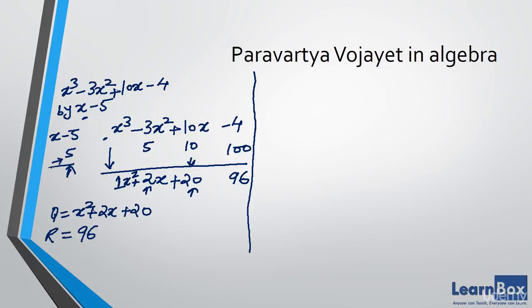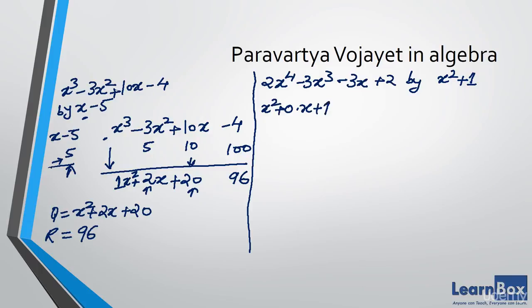Now we'll divide 2x raised to the power 4 minus 3x cube minus 3x plus 2 by x square plus 1. So we'll write x square plus 0 into x plus 1 here.